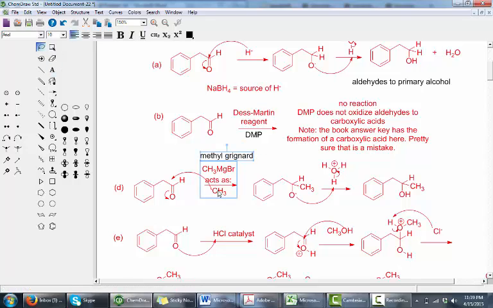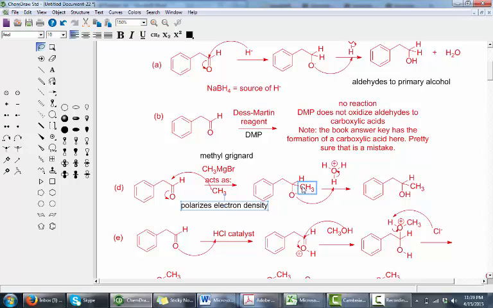Again, that's an effective CH3- because the carbon-metal bond is so polarized with electron density on the carbon, because the carbon is more electronegative, so that polarizes the electron density in that direction. And what that does for us is it allows the CH3- to attack the carbonyl here.